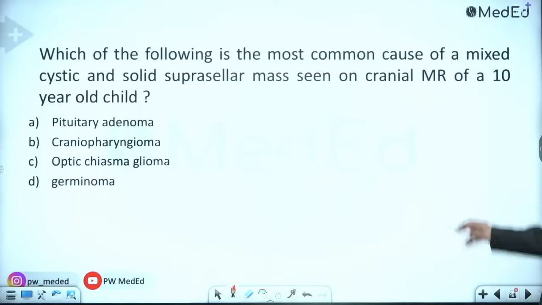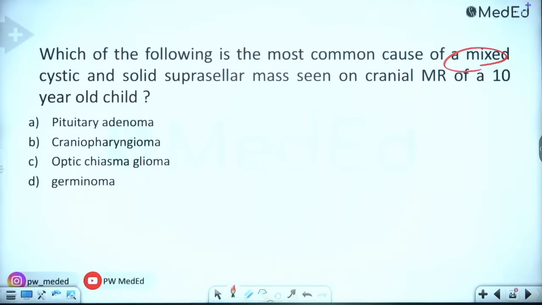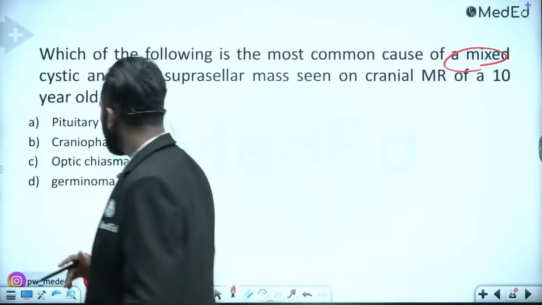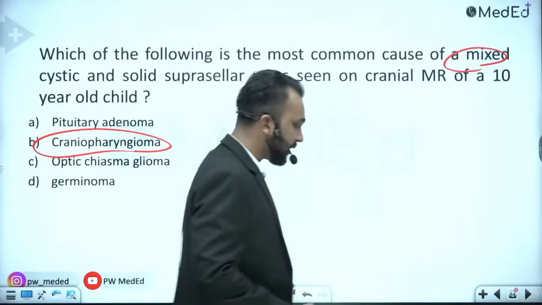Which of the following is the most common cause of a mixed cystic solid suprasellar mass on cranial MR of a 10-year-old child? Just remember that the most common suprasellar solid cystic mass is craniopharyngioma.